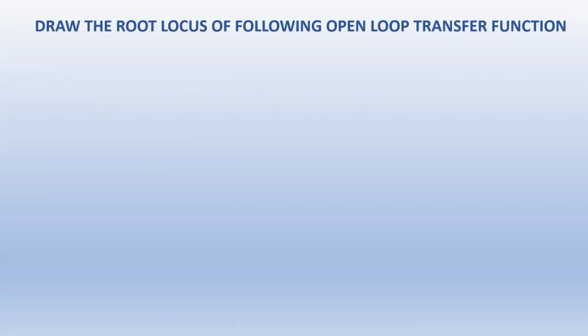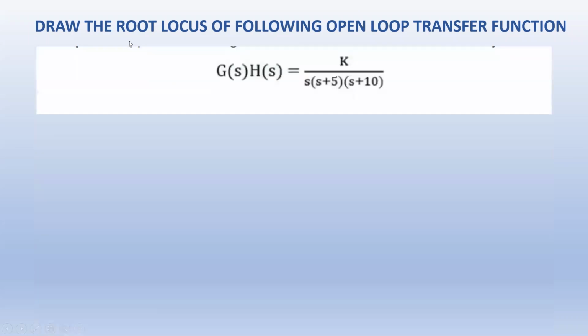So we have an open loop transfer function over here. We need to sketch the root locus of this corresponding open loop transfer function. Coming to step one, we should find out the number of branches of the root locus. Remember, step one states that the number of branches for the root locus is equal to the number of poles.